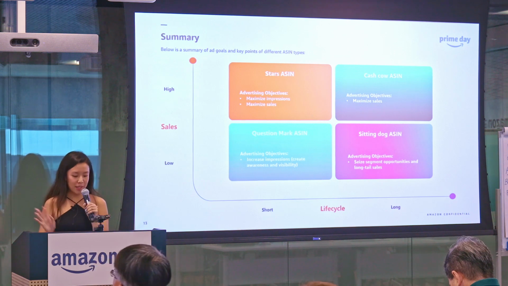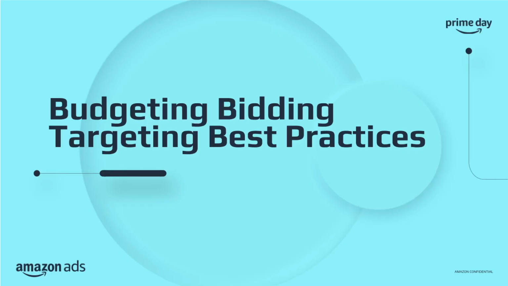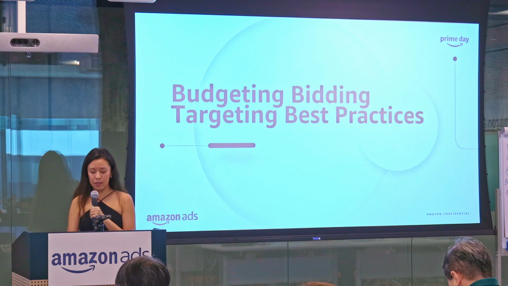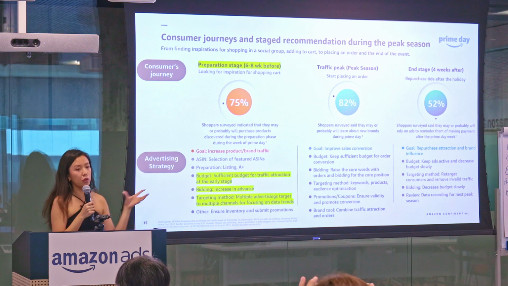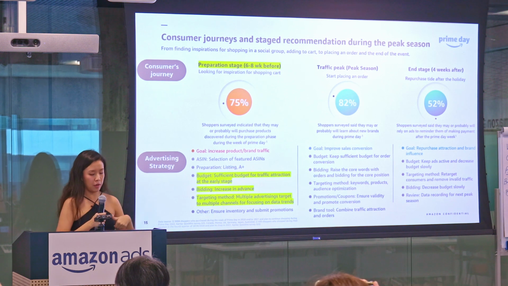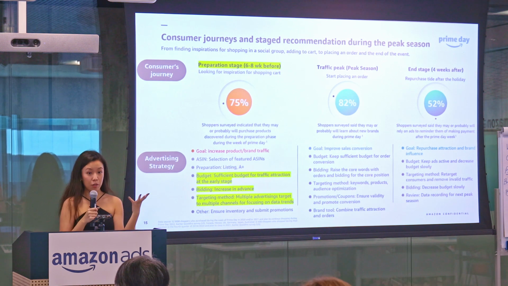So what this means, I'll quickly cover the overarching best practices for budget, bidding, as well as targeting. Across the 3 stages of the peak season, this is just a summary for you to remind yourselves after today. Before Prime Day, your goal is really to drive traffic, increase brand traffic and product traffic.